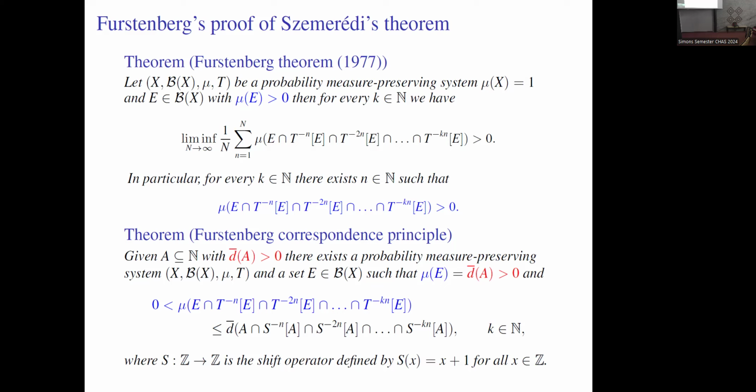This is essentially the model for the Furstenberg correspondence principle, which allows us to interpret these kinds of inequalities in this system, and by the correspondence principle transfer everything to the set of integers.